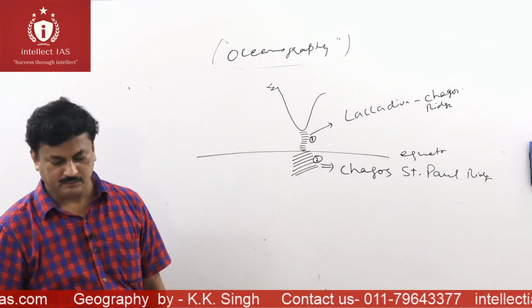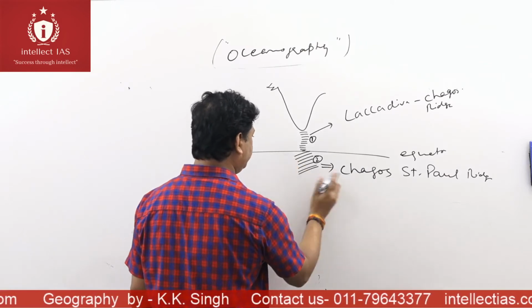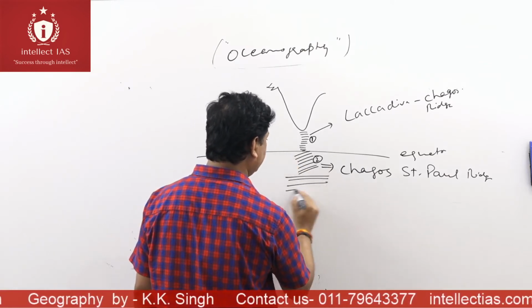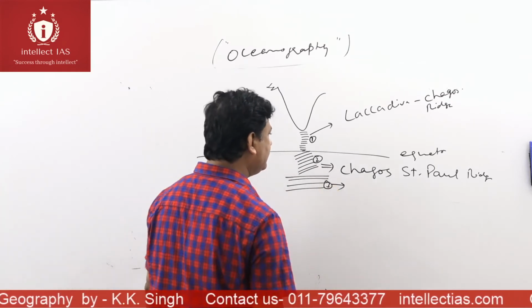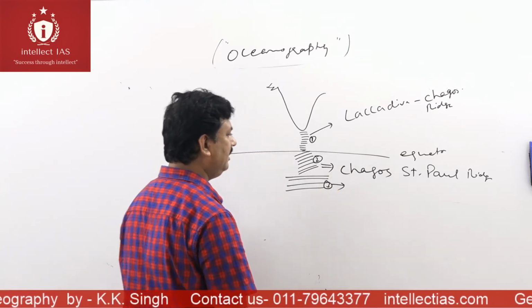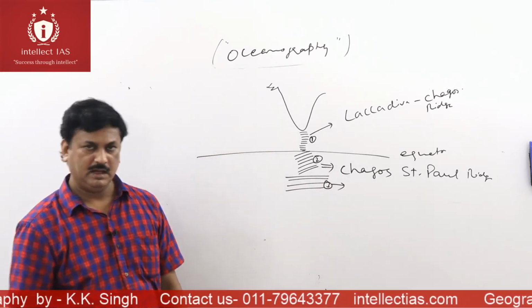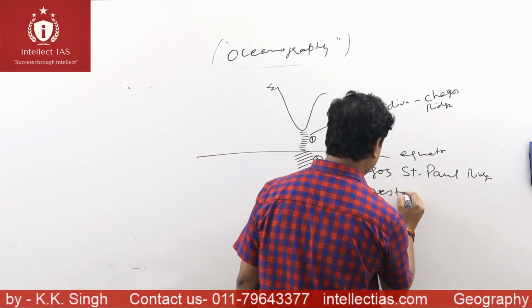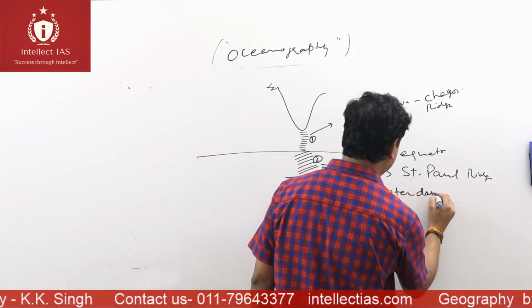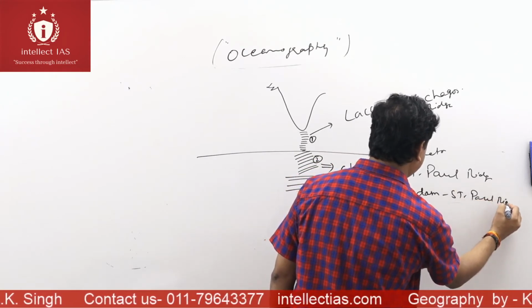Again, to the south of this the width increases and the name changes to Amsterdam-St. Paul Ridge.